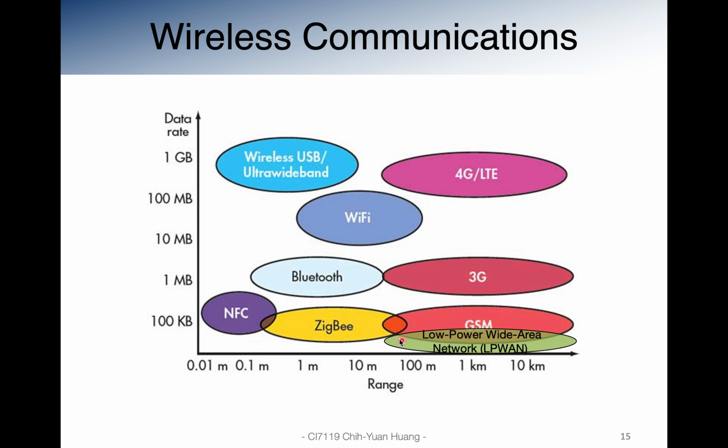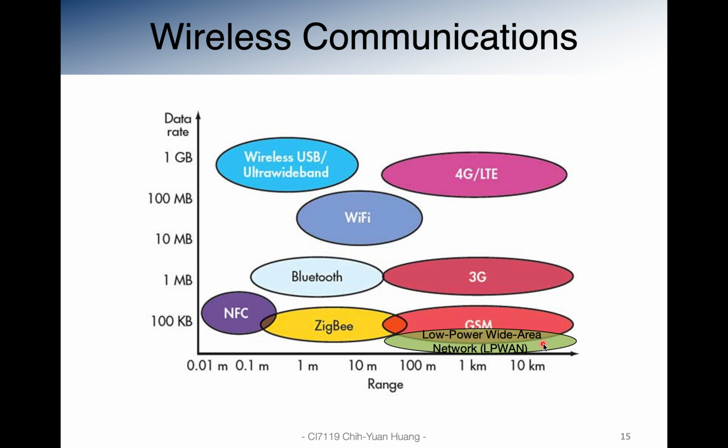As you can see, I put it over here. The range is high, claiming it can reach 10 kilometers, but the data rate is very small. The data rate is very slow, so you cannot transmit a lot of information across this LPWAN network.